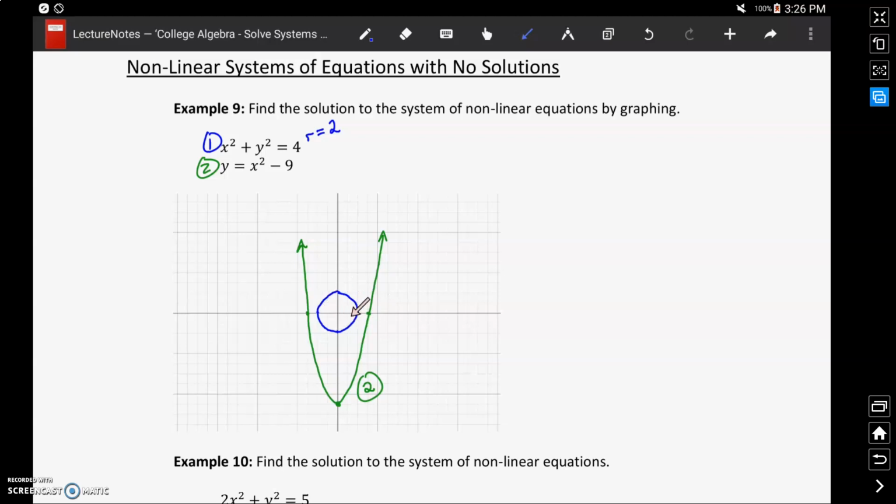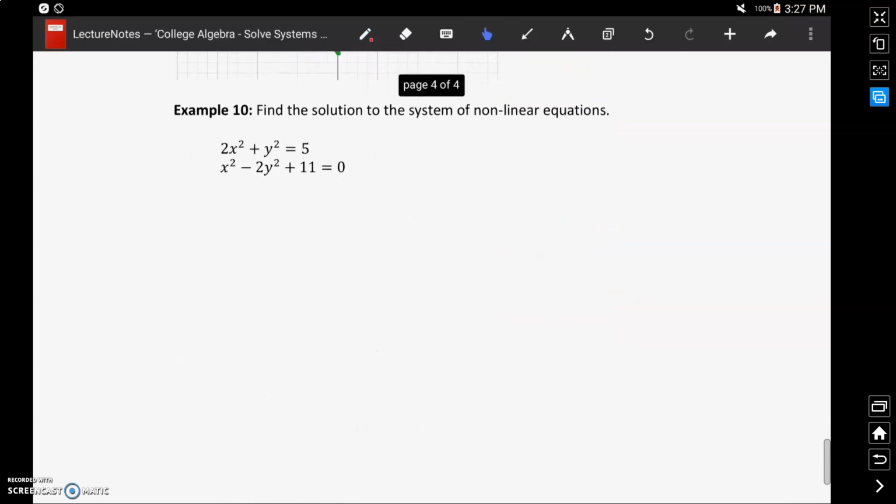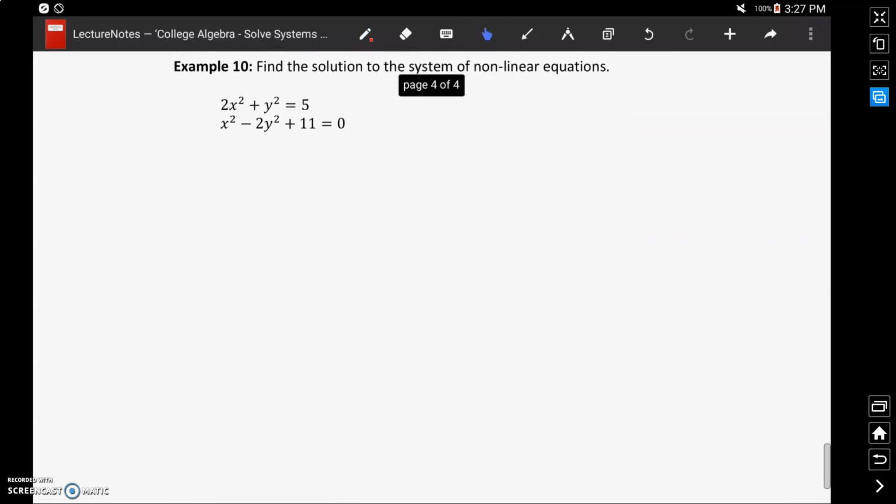That circle fits inside that parabola without ever intersecting with it. So for this case, there would be no solution since there's no point of intersection. That's one example of what this looks like graphically.